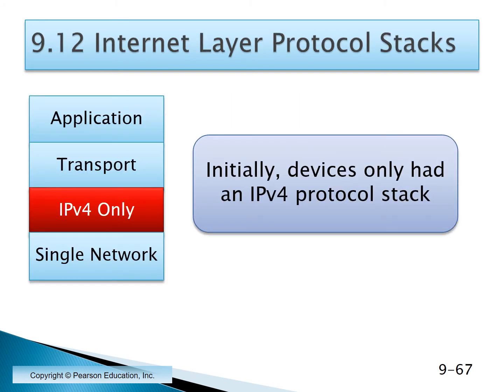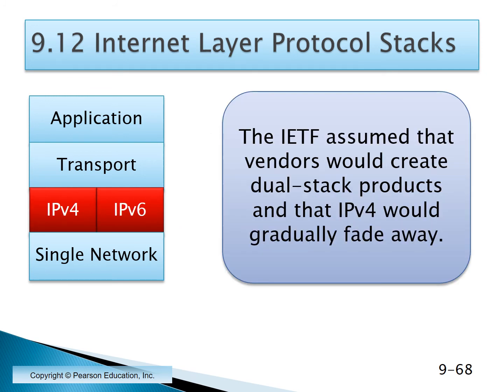Initially, devices only had an IP4 protocol stack, right? Like in this diagram, you have the application layer, transport layer, and then at the internet layer you only need to deal with IP4. Nowadays, many devices are like this: at the internet layer, you need to deal with both IP4 and IP6.